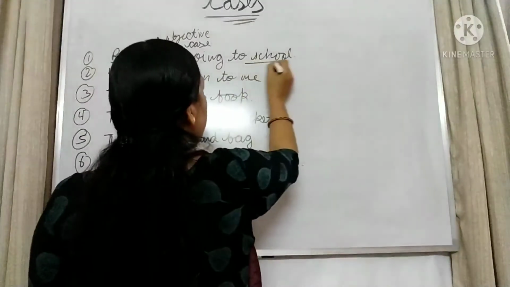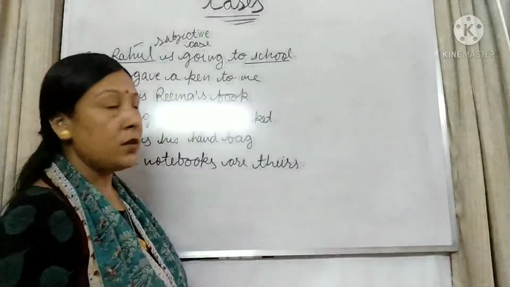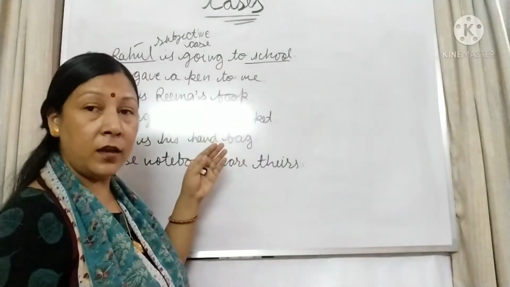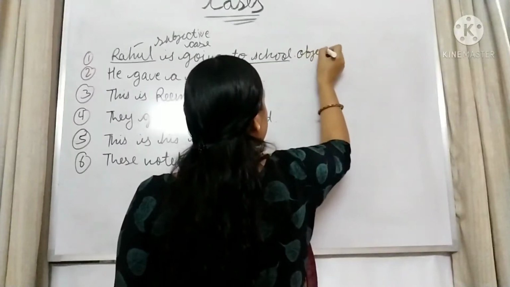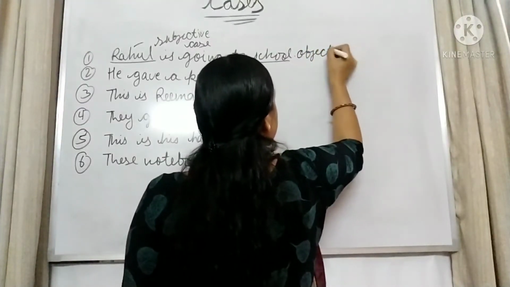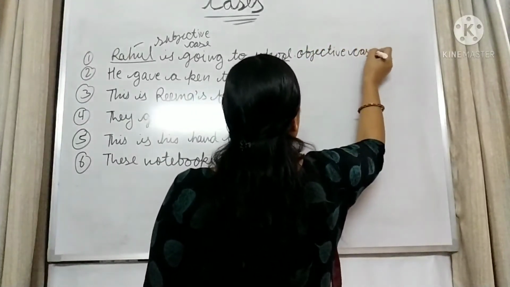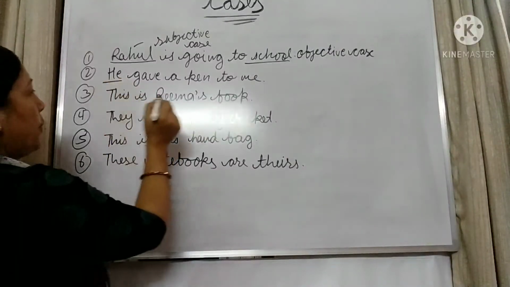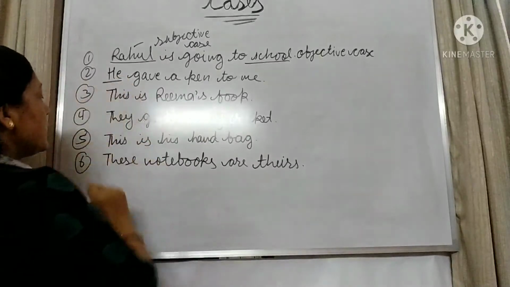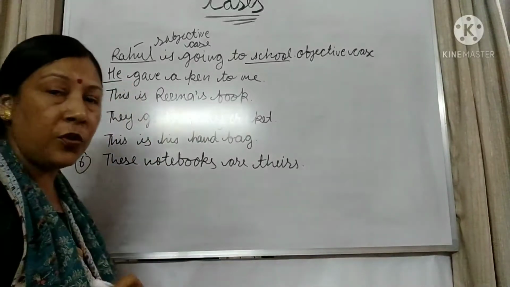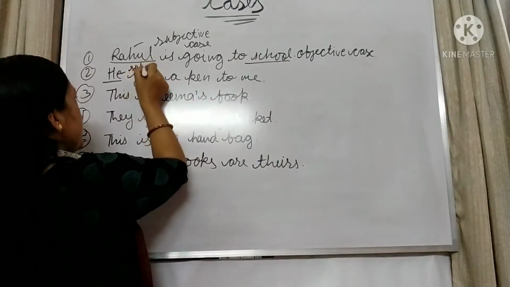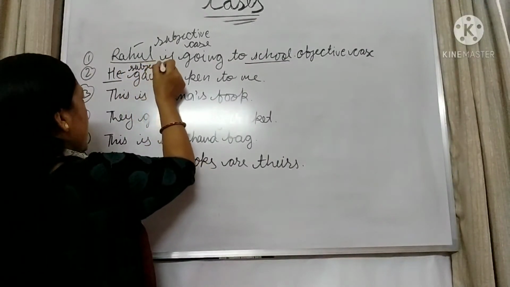Going to school. School is what? A noun. And school is here the object. So this is objective case. In the second sentence, he gave a pen to me. He is here a pronoun and the subject, so it is subjective case.